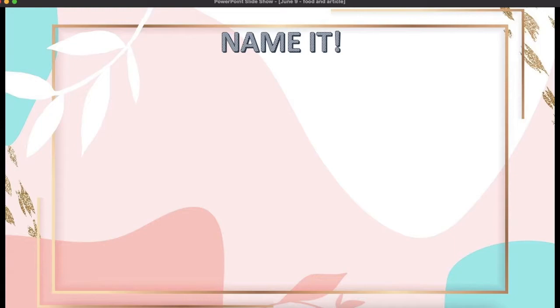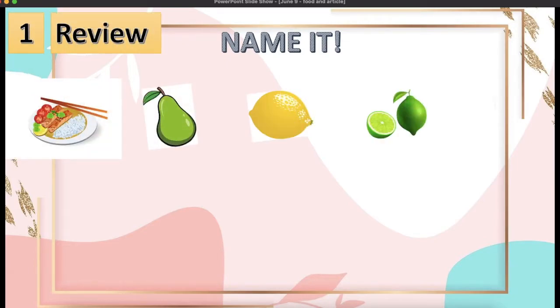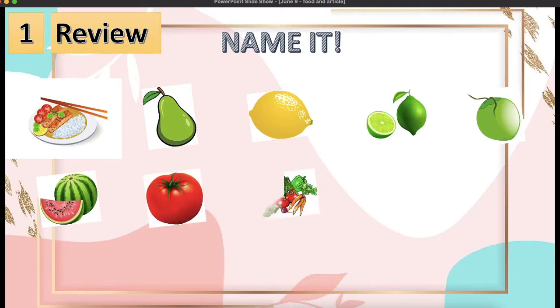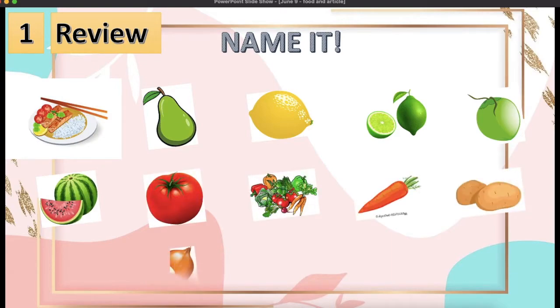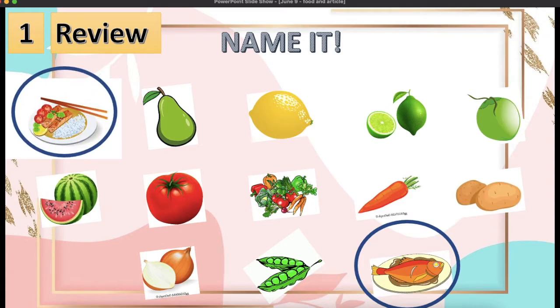Now let's move forward to our review about food. So here are the things that Miss Faye talked about last time. Here are the vocabularies we studied and that is included in your book. Now, let's name it. What do you call this one? Fish. How about this? Food.